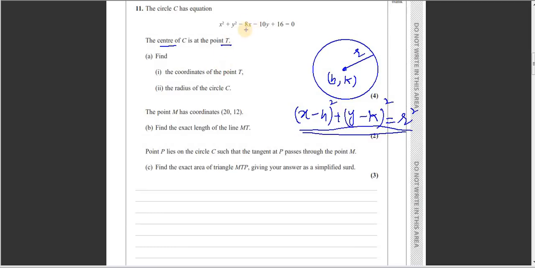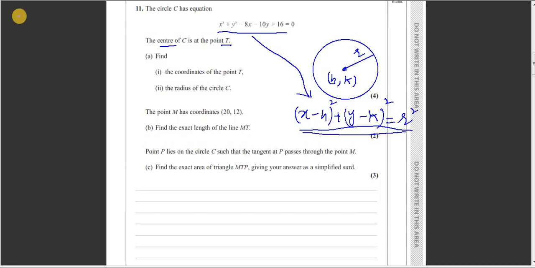In fact, we need to rewrite the given equation in the standard form, so we can compare and figure out the center and the radius. And how do we do that? First, we rearrange this equation, meaning we need to make a complete square of x and a complete square of y.